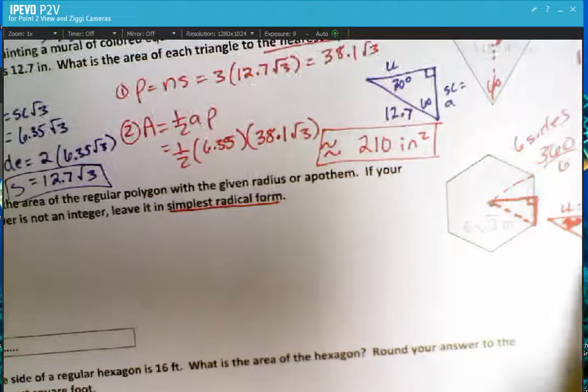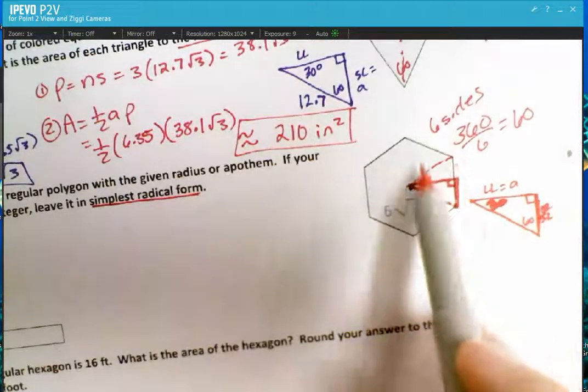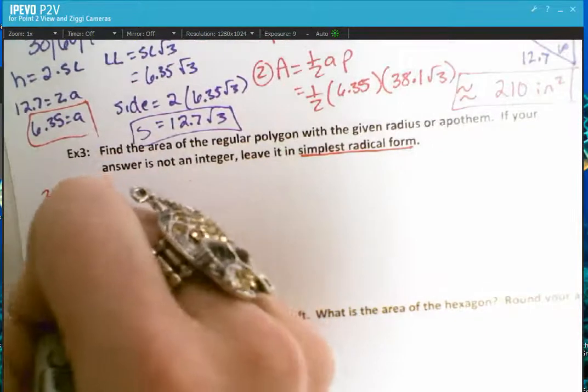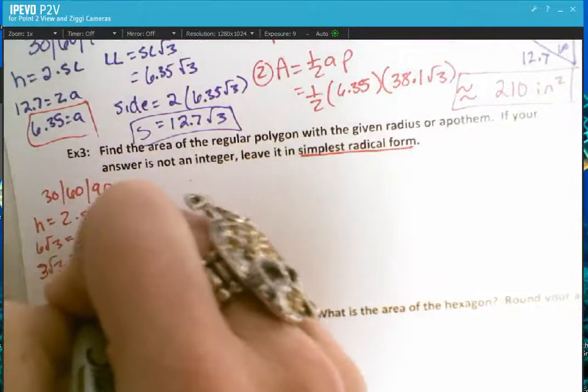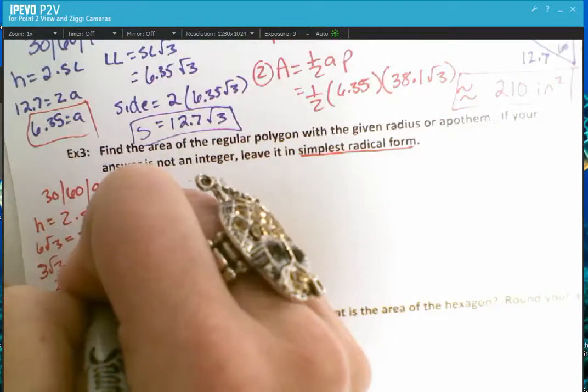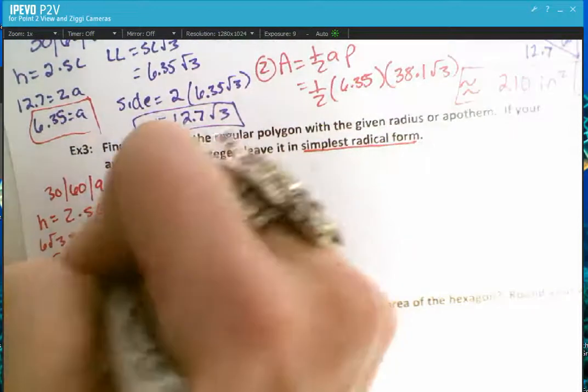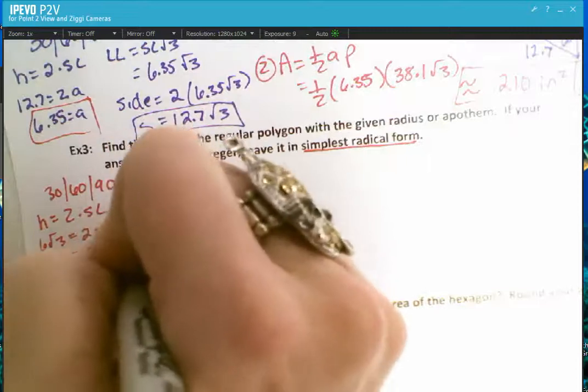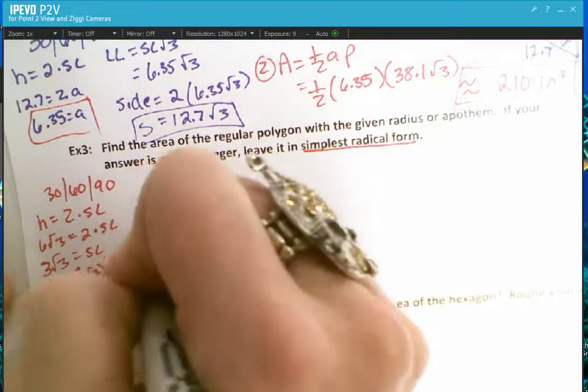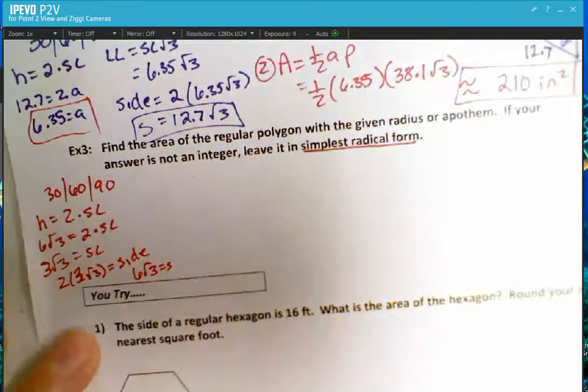I know that 2 of my short legs over here equals the whole side. So 2 times 3 rad 3, carry that number down, equals my side. So 6 rad 3 equals my S.